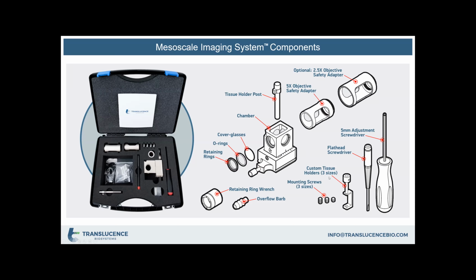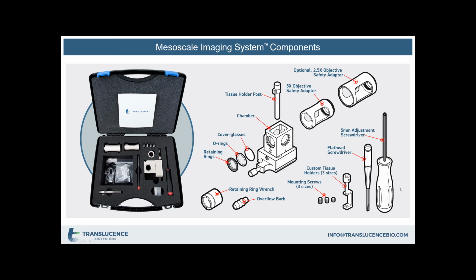It says 3 of them, but we have 5 different ones for different tissues. And the design is open source, so the CADs are available. And if people want to adjust them for their method and tissue of interest, they can make their own adapted holders and print them themselves, or we can print them for them. And we like people to then share those designs with the community so other people can use them.